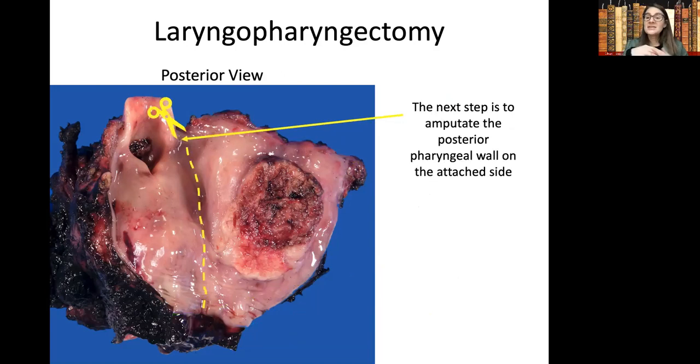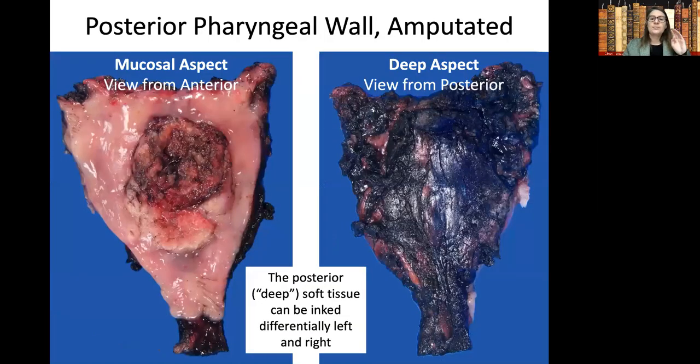Okay, the next step would be to amputate the posterior pharyngeal wall on the attached side if you can make a clean break of it, as in this case. This is that amputated posterior pharyngeal wall specimen. You've essentially created a very tidy mucosal ellipse. And so I really like these laryngopharyngectomy specimens because you can really make tidy little compartments out of them in cases like this.